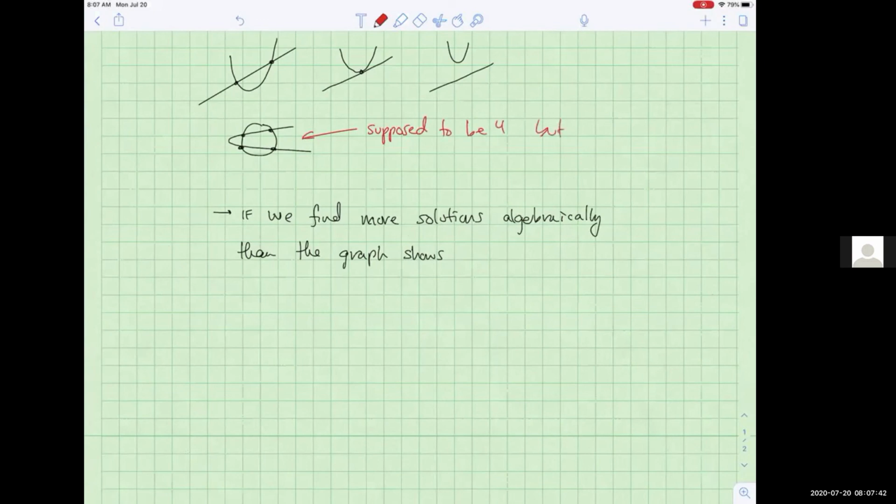But maybe we find 6 solutions. This implies that 2 of these solutions are what are called extraneous, false solutions. Now, you might be asking yourself, when are we going to get false solutions?